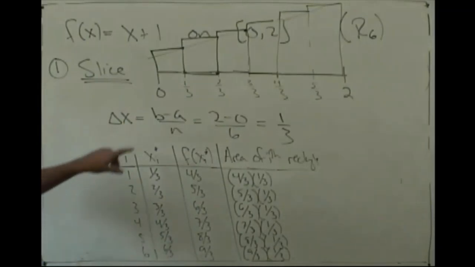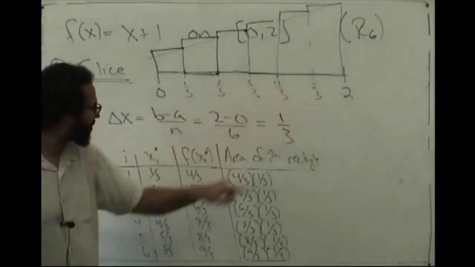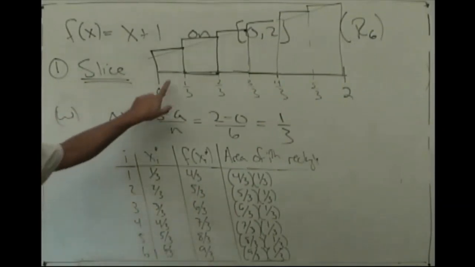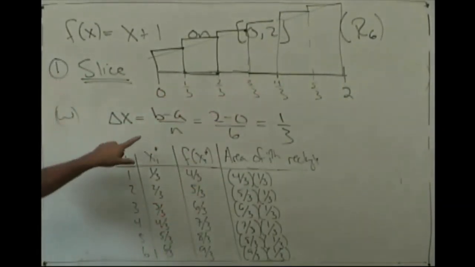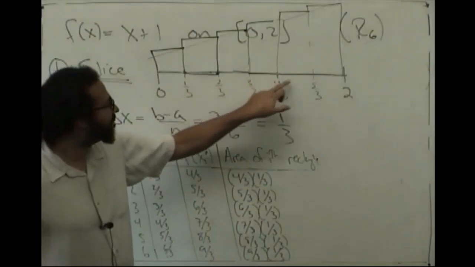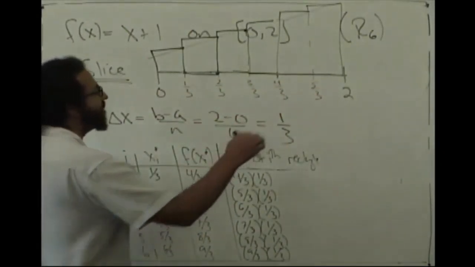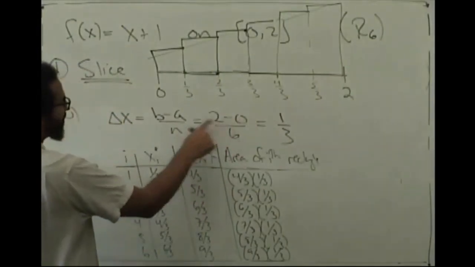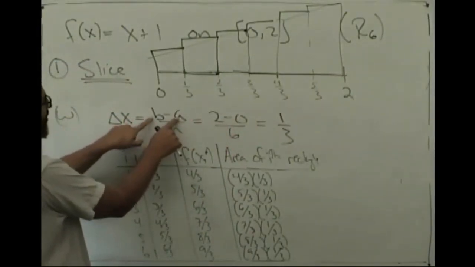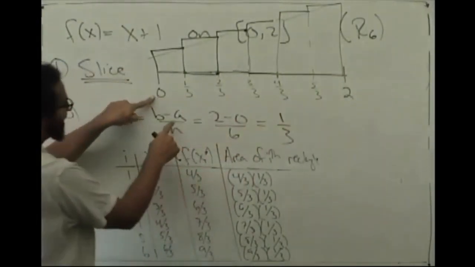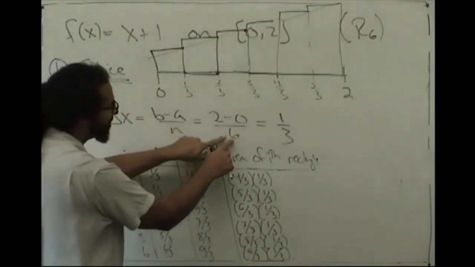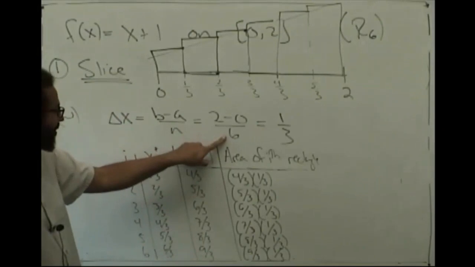Okay, so how did I get all these rectangles? Step number 1 is to look at the width of each one of these rectangles. I want this partition to be uniform. Since I'm using 6 rectangles, I will take my interval from A to B, in this case from 0 to 2, and I will divide by 6, the number of rectangles.